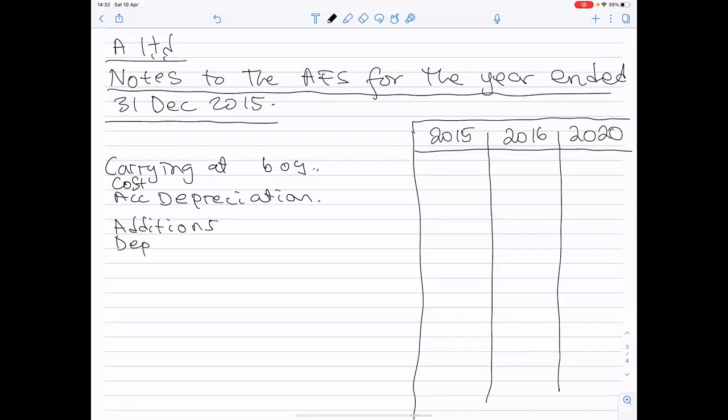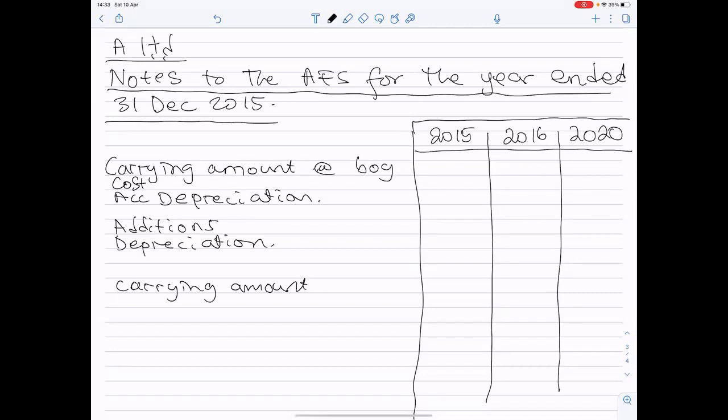We have depreciation. And you have your carrying amount at end of year, constituting the cost and accumulated depreciation.